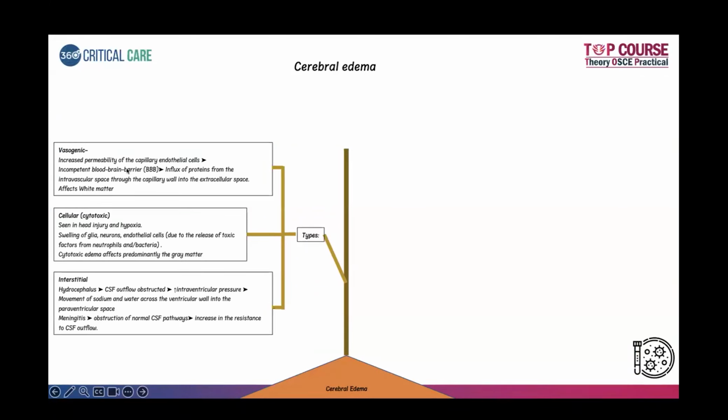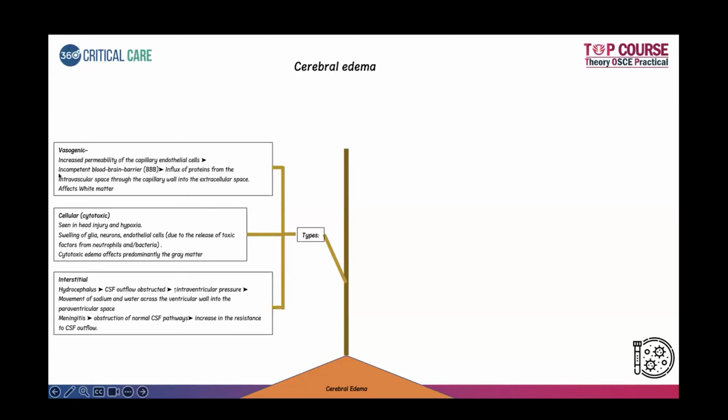So vasogenic is increased permeability of the capillary endothelial cell. So increased permeability of the endothelial cell causes vasogenic edema. There is an existing incompetent blood-brain barrier which causes influx of protein from the intravascular space through the capillary wall into the extracellular space. It predominantly affects the white matter.